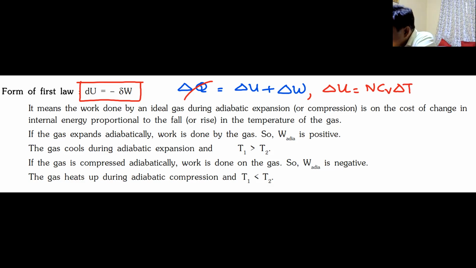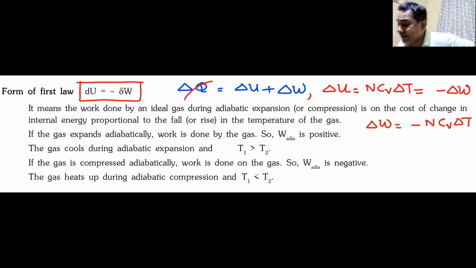Now this, in this process, is negative of work done. So I can write work done as negative of n Cv delta T. Do we understand this?